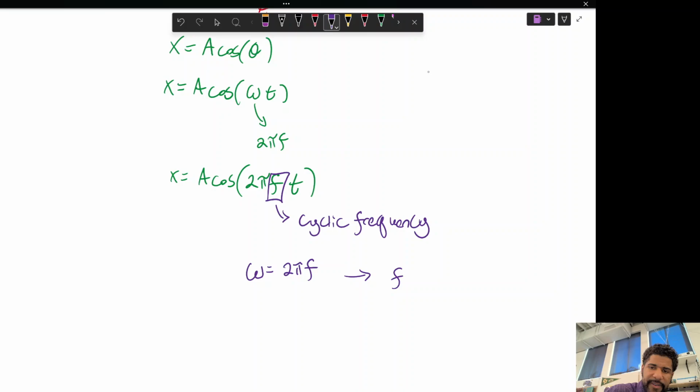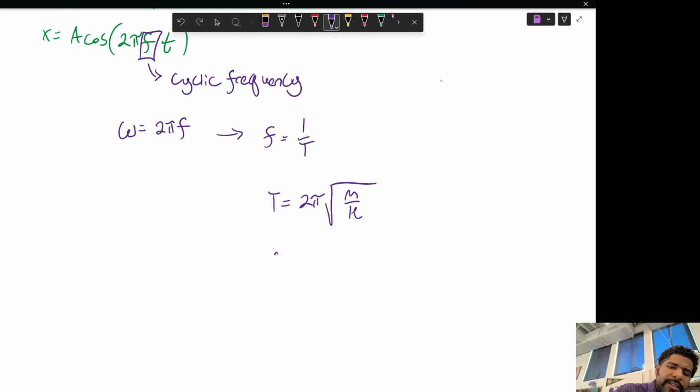If we take the period of a mass on a spring, that means that we have T is equal to 2 pi root m over k. If we know that omega is equal to, oh man, I always forget this, it's equal to 2 pi over T, or it's equal to 2 pi times f.